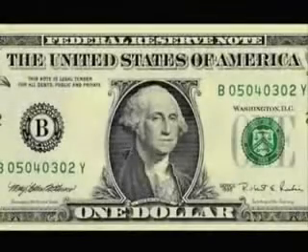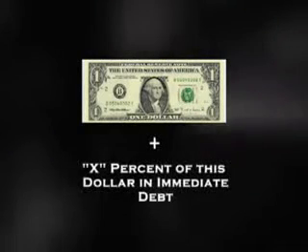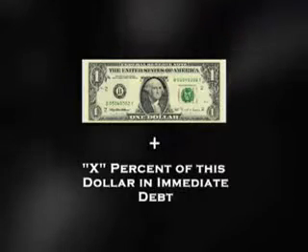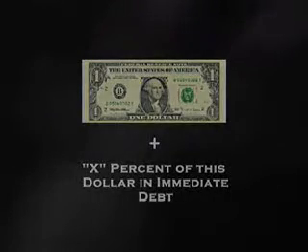It doesn't take a lot of ingenuity to figure this scam out. For every single dollar produced by the central bank is loaned at interest. That means every single dollar produced is actually the dollar plus a certain percent of debt based on that dollar. And since the central bank has the monopoly over the production of the currency for the entire country, and they loan each dollar out with immediate debt attached to it, where does the money to pay for the debt come from?